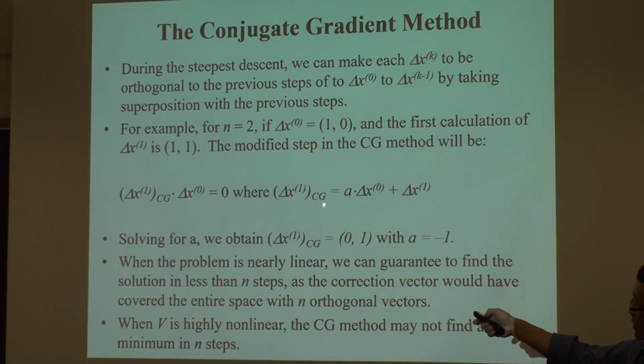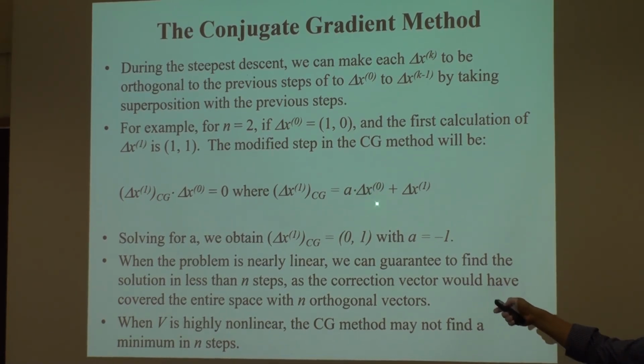You make the conjugate gradient search direction orthogonal to the first one by adding part of your first one, to make sure that delta x1 CG and delta x0 are orthogonal. Get rid of the search directions that you already searched. This is conjugate gradient.